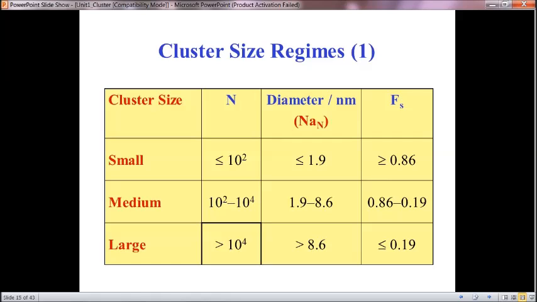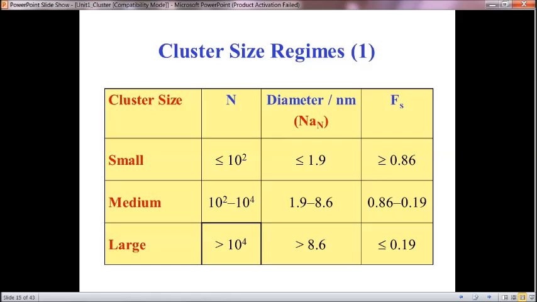Like that we have to segregate. So for small cluster size, the number of nanoparticles will be less than or equal to 10 to the power 2, and its diameter per nanometer will be less than or equal to 1.9, and the fraction of surface atoms will be greater than or equal to 0.86.